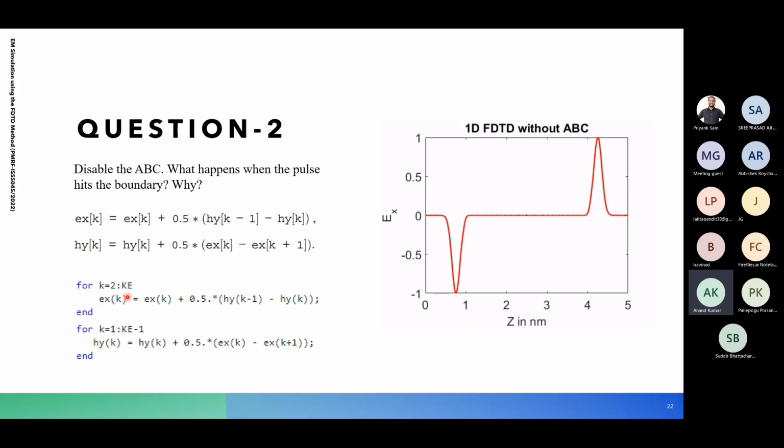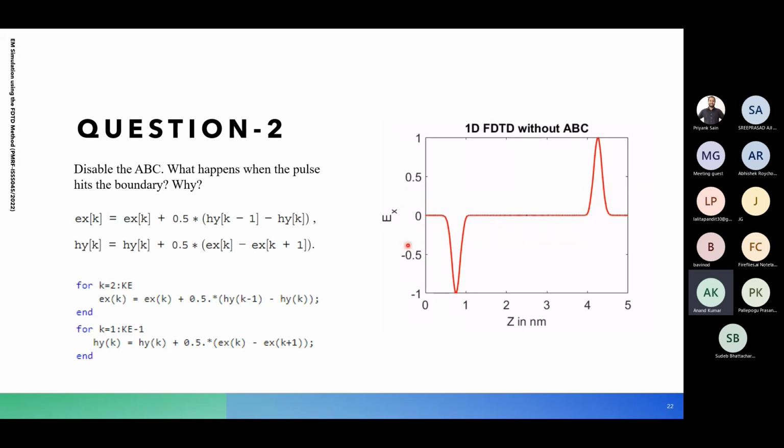So the magnetic field is being updated using the electric field at K equal to 1 as 0, hence the electric field always remains 0 over here.